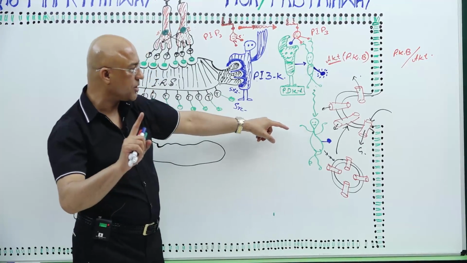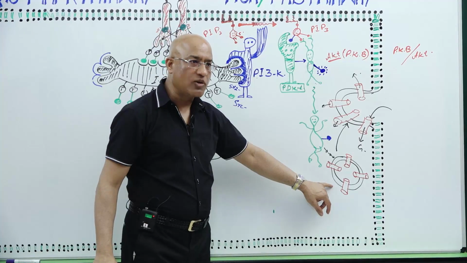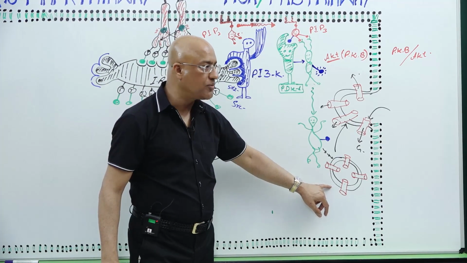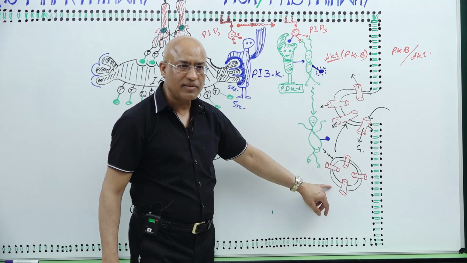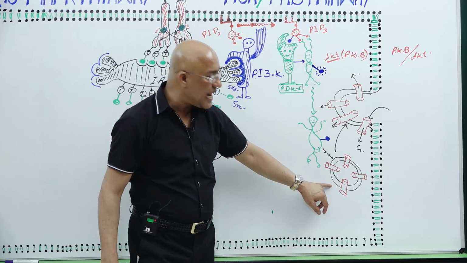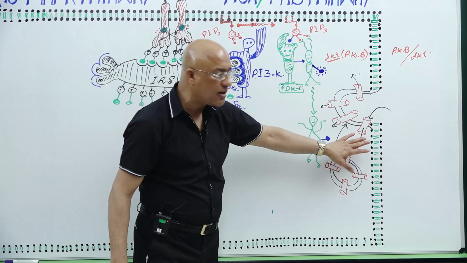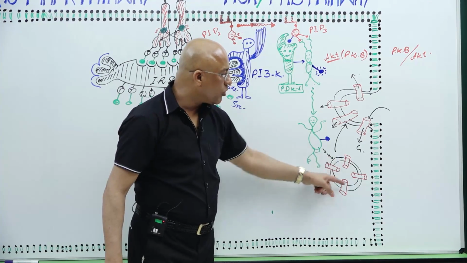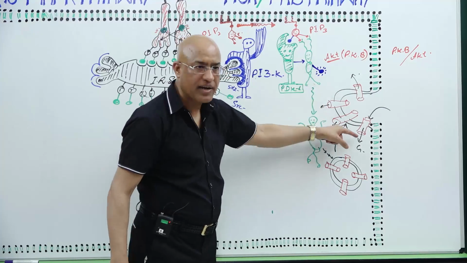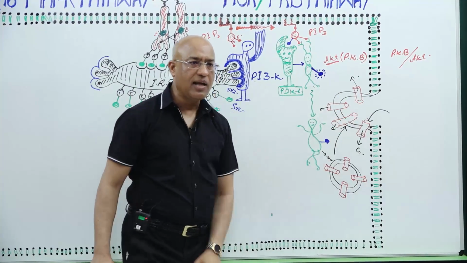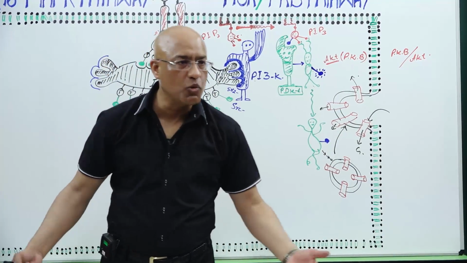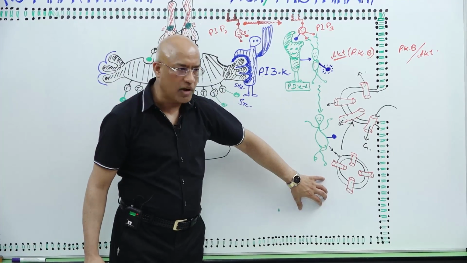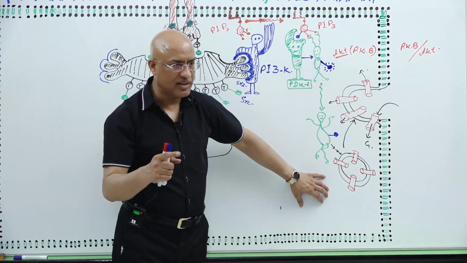The first important function which I'm mentioning is that they act on the intracellular vesicles loaded with Glut4, and these vesicles travel to the cell membrane and fuse there, and their Glut4 molecules are inserted in the membrane, and the membrane of this target cell becomes permeable to glucose. This action is especially seen in skeletal muscles and adipocytes.